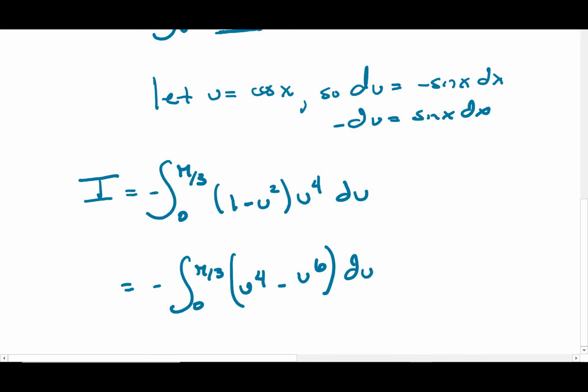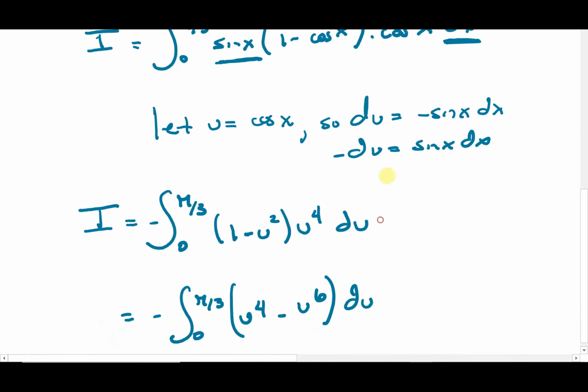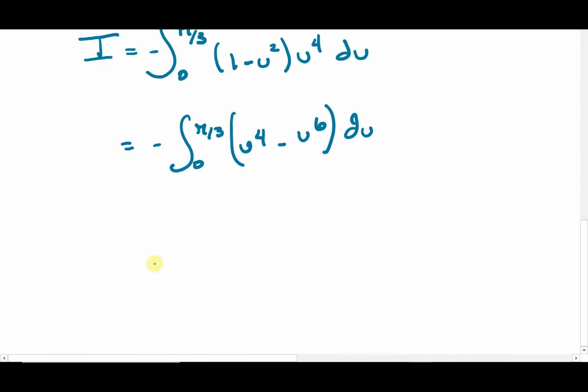So anytime we're working with u, we let u equal cosine x. So now this is an integral from u1 to u2. When we do u, we have to convert the bounds to u coordinates.